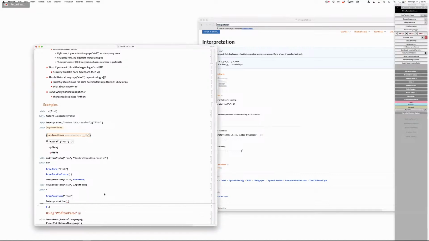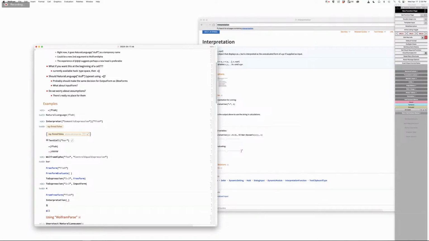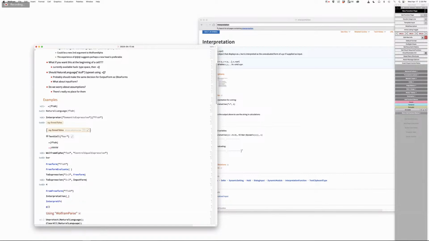What we want is to say, interpret this. But it's not interpreted as free form, it's interpret the free form. So are you saying interpret freeform is the name? I don't like it very much. Okay.